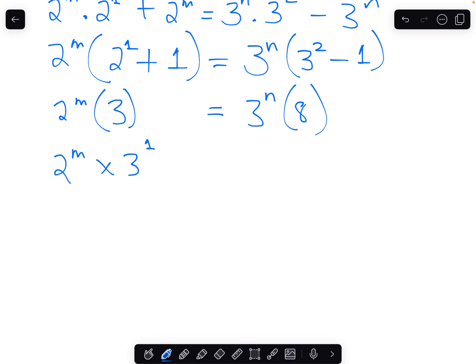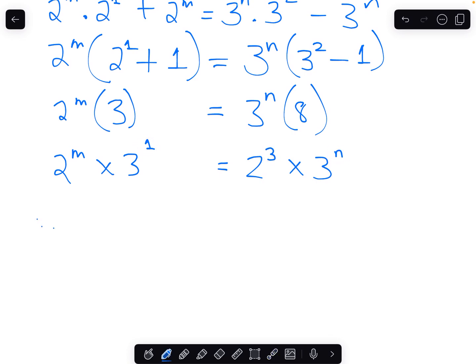Anyway, so the revelation here is that this is 2 to the m times 3 to the 1. And 8, as I recently said, is 2 to the 3. And this is 3 to the n, right? So the only way that these two expressions can be equal is if this is equal to this, and this is equal to that.